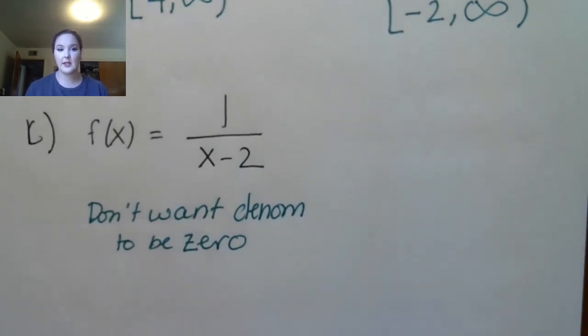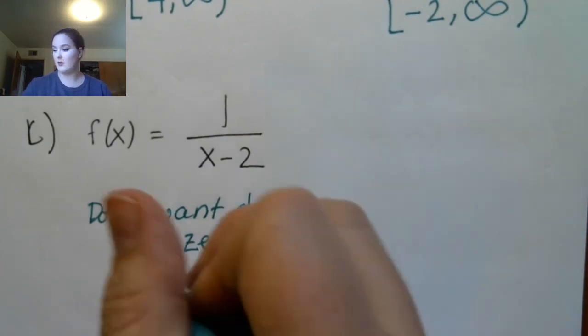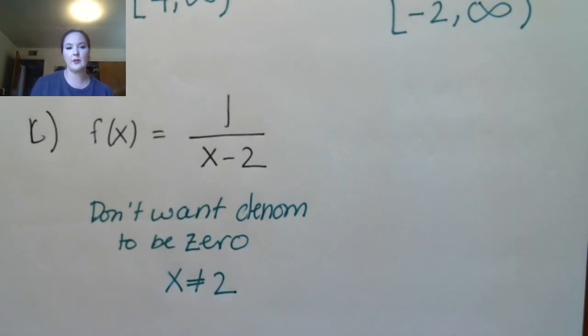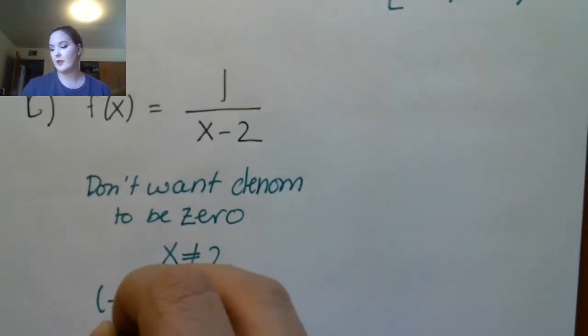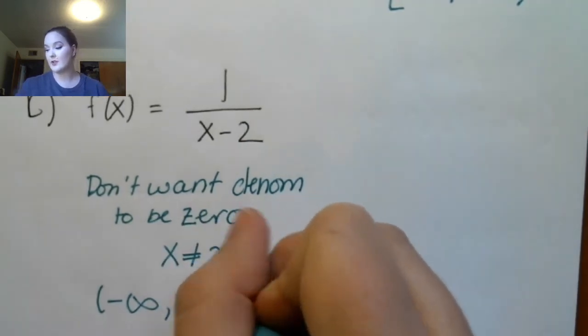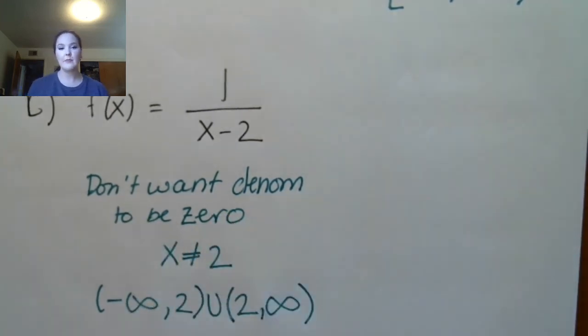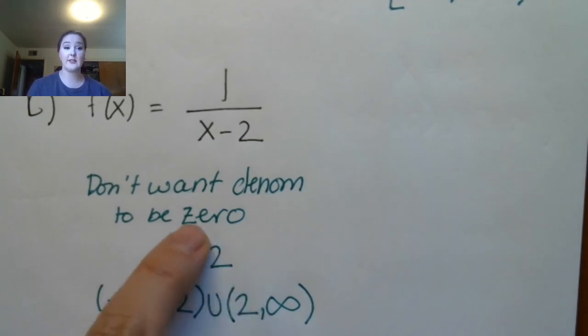I'm sure you can see that if you plugged in x equals 2, you would get 2 minus 2, which is 0. So we don't want x to be equal to 2. We're going to write an interval that means everything except for x equals 2. So negative infinity up to 2, exclude 2. Start again at 2 and exclude it, off to positive infinity. So again, this means all numbers except for x equals 2, which is exactly what this means, right? Everything except 2.